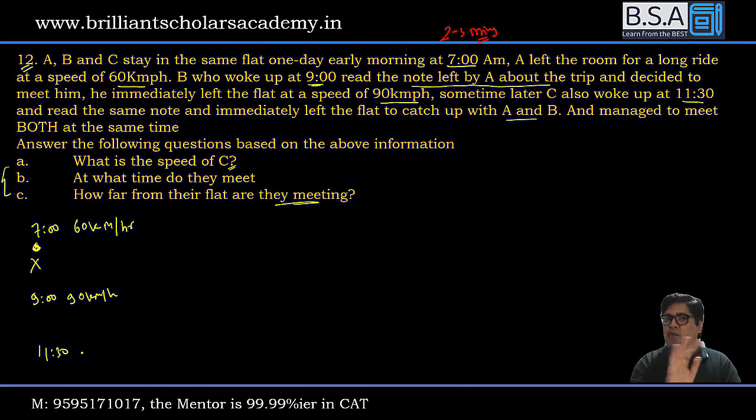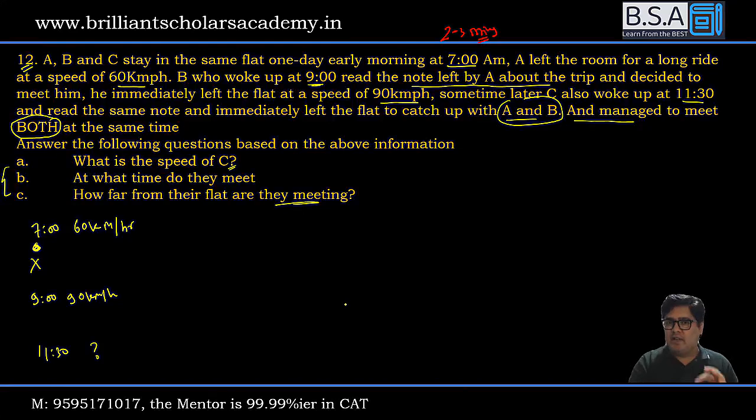Third one, we have no idea what his speed is. But there's a condition. See, C wants to catch up with both A and B and manage to meet both at the same time. See, nobody is stopping anywhere.